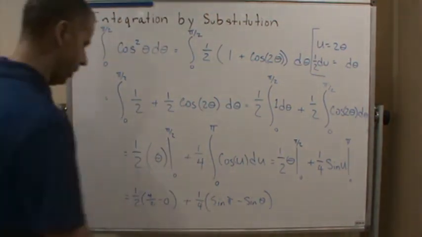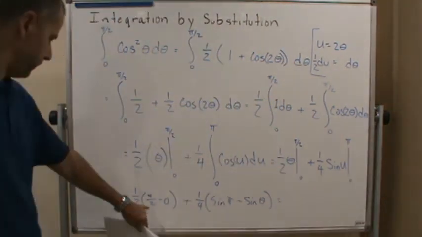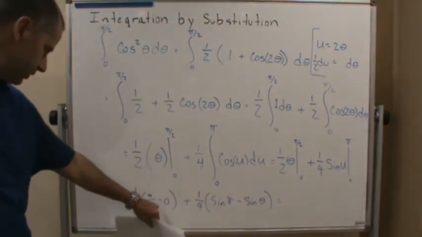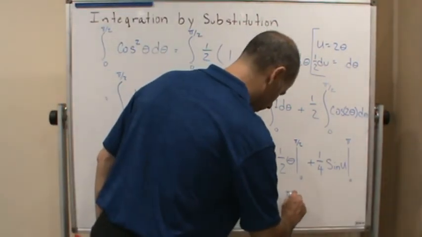Okay, so what does this equal? Well, this is just going to be pi over 2 times 1/2, which is pi over 4.